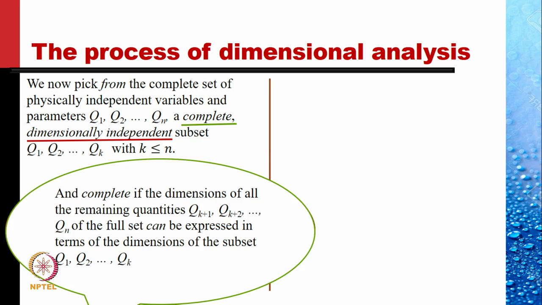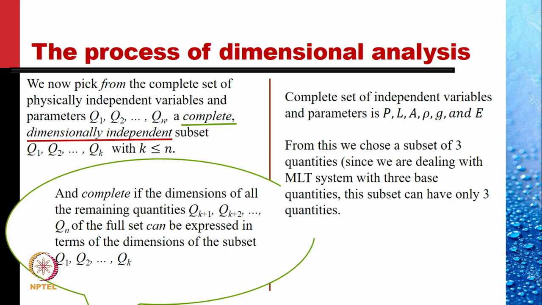The subset is complete if the dimensions of all the remaining quantities Qk plus 1, Qk plus 2, to Qn, that is beyond Qk, of the full set can be expressed in terms of the dimensions of the subset Q1, Q2, to Qk only. In our example, the complete set of independent variables and parameters is P, L, A, rho, g, and E. From this, we choose a subset of 3 quantities.